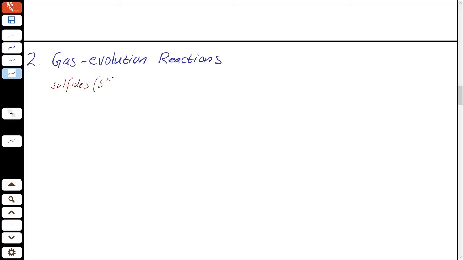Sulfides, carbonates and bicarbonates, so that's compounds with CO3 2 minus or HCO3 minus.